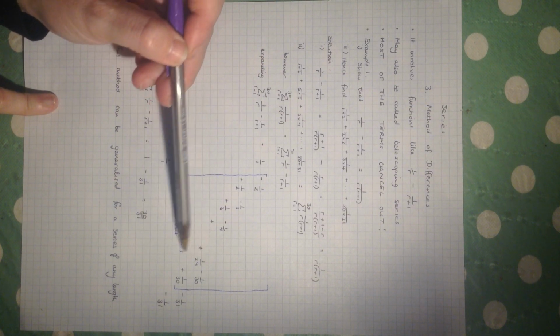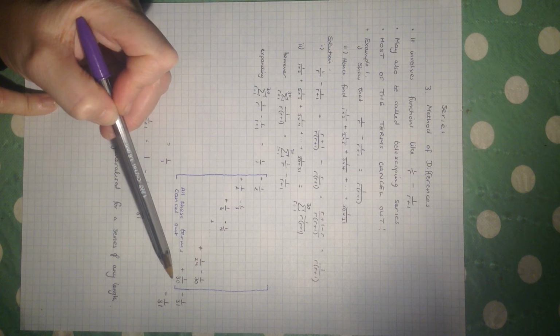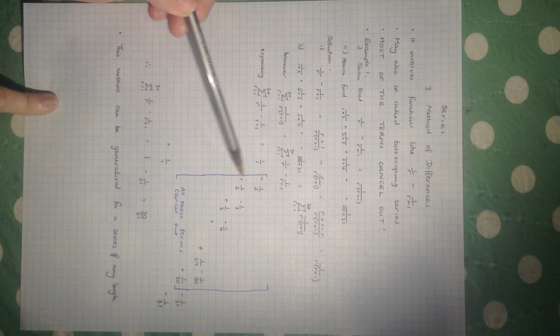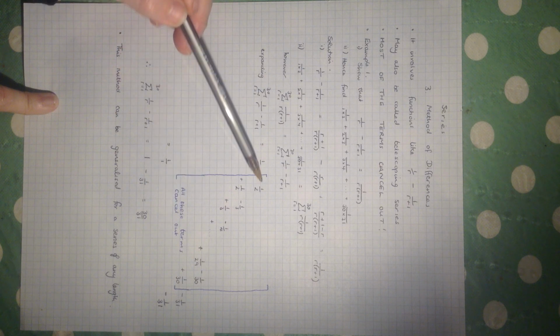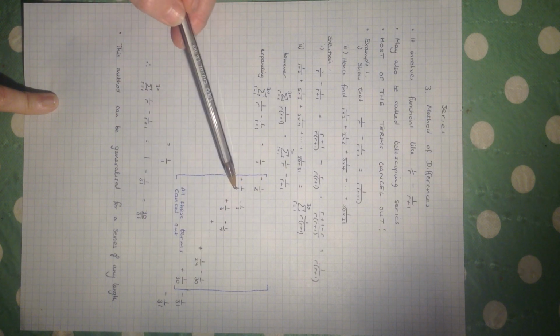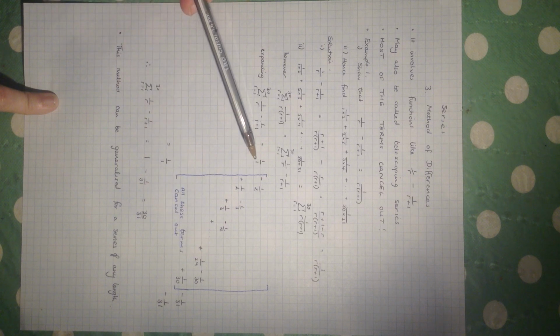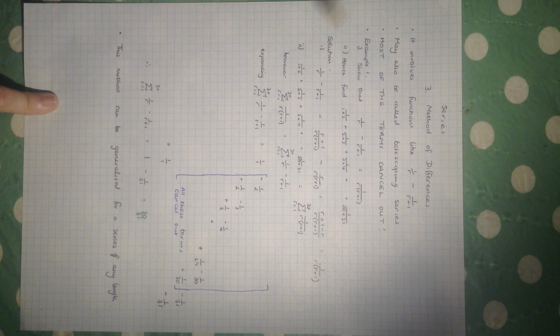At the other end, we've got minus 1 over 30 plus 1 over 30, which cancel out, and then the minus 1 over 31. So everything in this block cancels out. They all pair up, one negative, one positive, and cancel out. So we're just left with 1 from the start and minus 1 over 31 from the end.